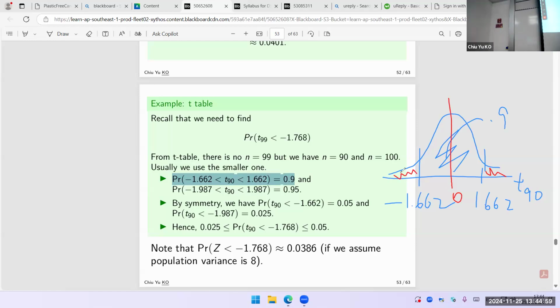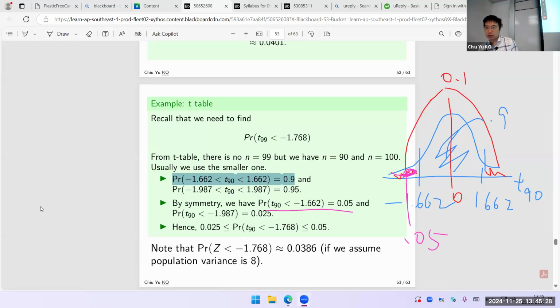Left and right together total 0.1, so the area on the left must be 0.05. Because of symmetry, left and right are the same, so this, what is being asked, must be 0.05. Is that clear?